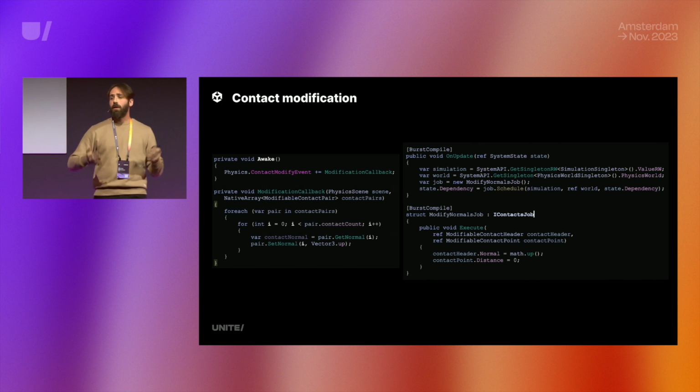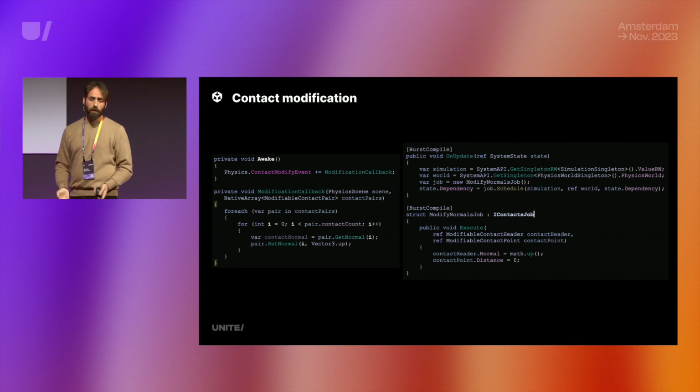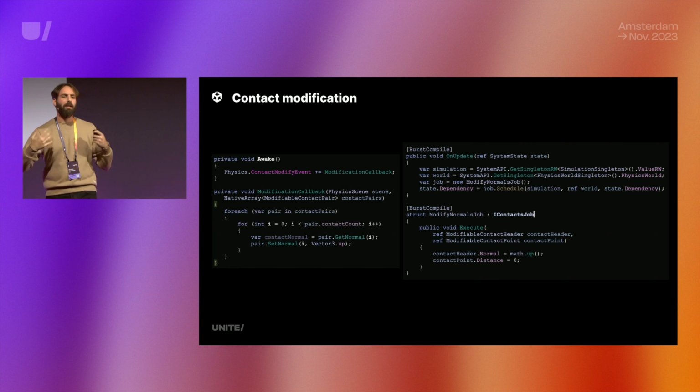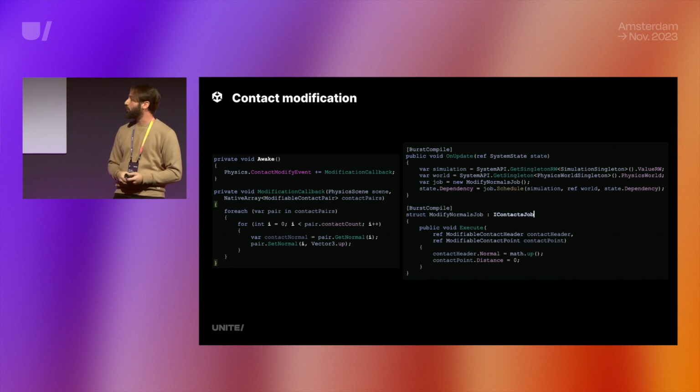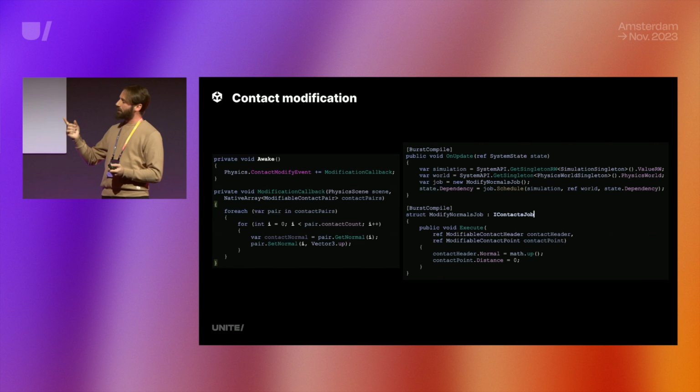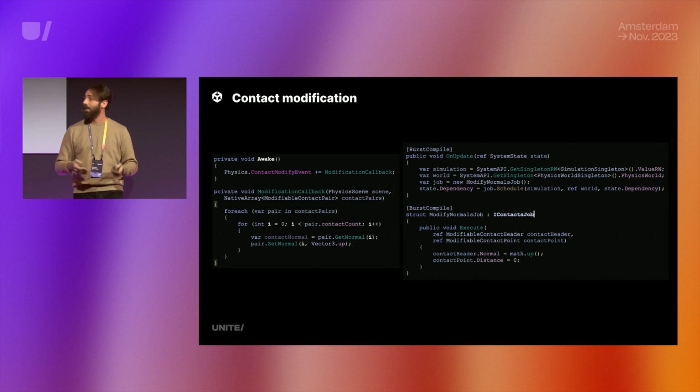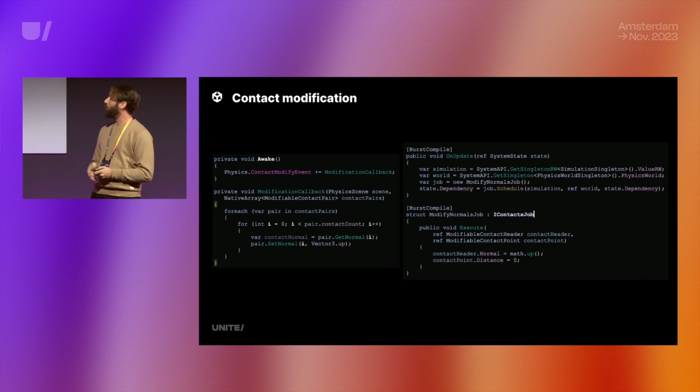So with this you can do whatever you want. You can modify the normal, the position, the contact distance, and you can even ignore the contact if you really don't want it. So it's a very, very powerful tool. And consider that here you are receiving a native array, meaning that it can easily be worked on in jobs, if you can. So that's a very good API to use.